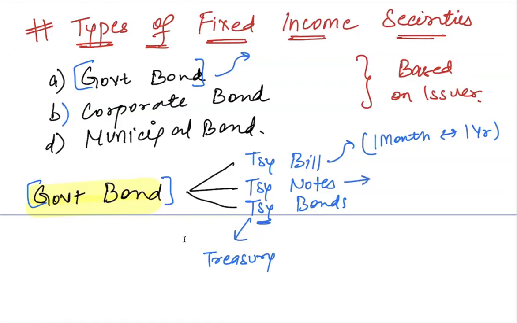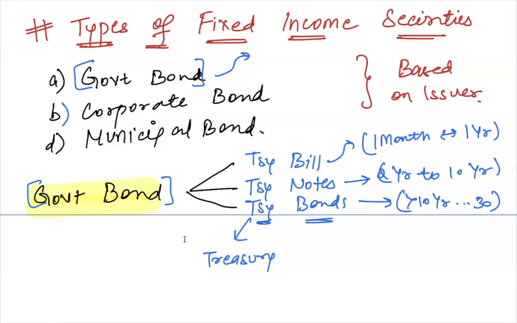Similarly, if the maturity is between 2 to 10 years, they will issue treasury notes. And if the maturity is greater than 10 years, up to a maximum of 30 years, then they will issue a treasury bond. So it depends on the maturity.